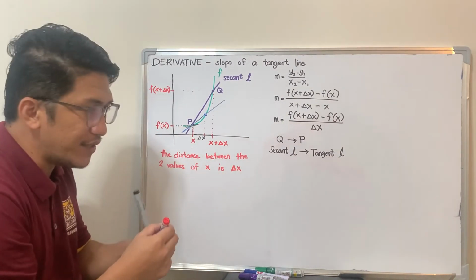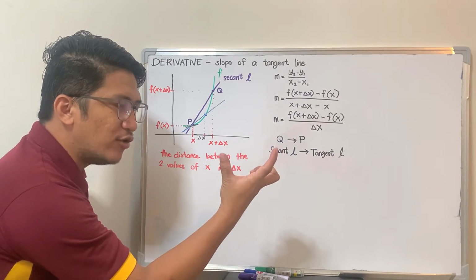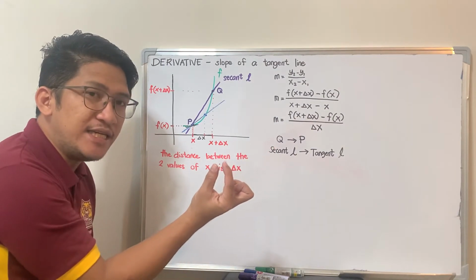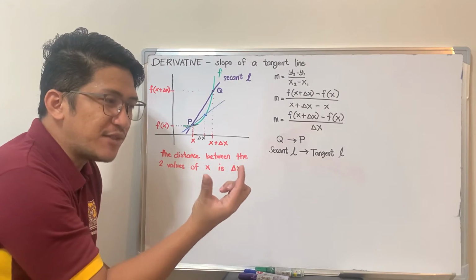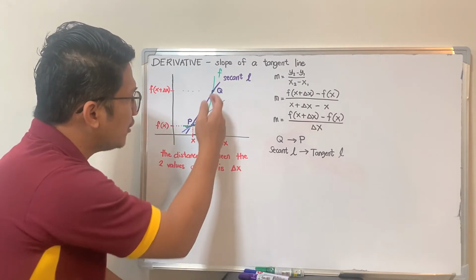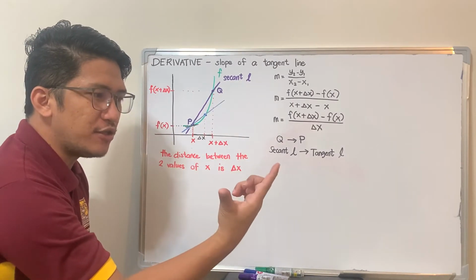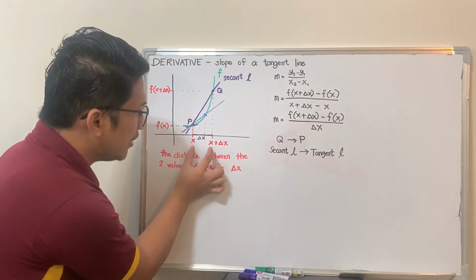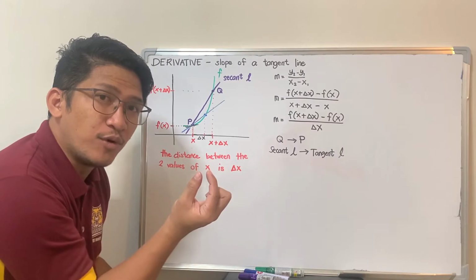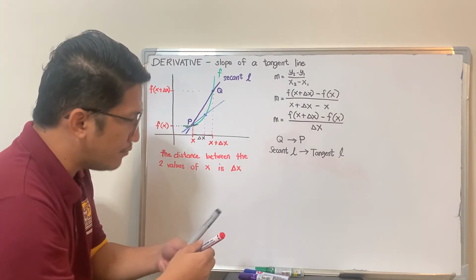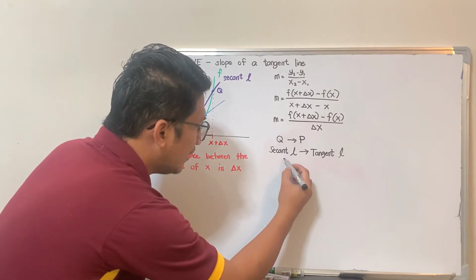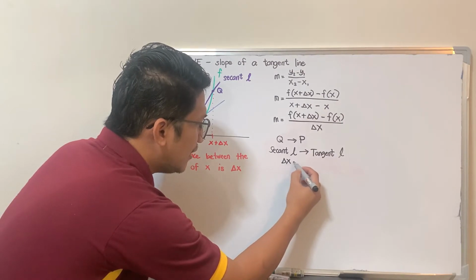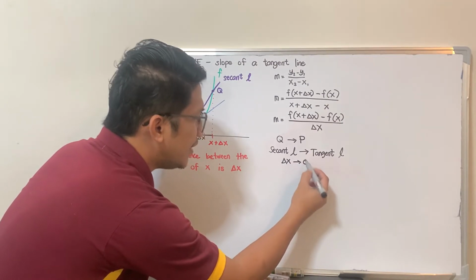So ang delta x nimo, kung magkaduol ang duha ka points, magkaanam sa kadikit, magkaanam sa gamay ang delta x. Okay, so when Q is getting closer to P, then the distance between the two values is also getting smaller and smaller. In other words, in symbols, we consider that delta x is approaching 0.